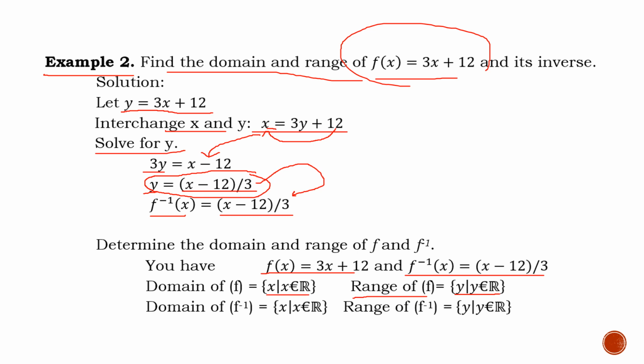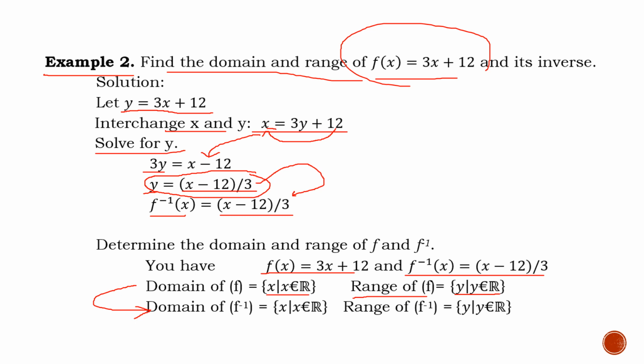But again, since all values from the domain and range of your original function are considered real numbers, it's automatic that the domain and range for your inverse function are all real numbers, because we are simply switching the values between your x and y variables when going from the original function to the inverse function.